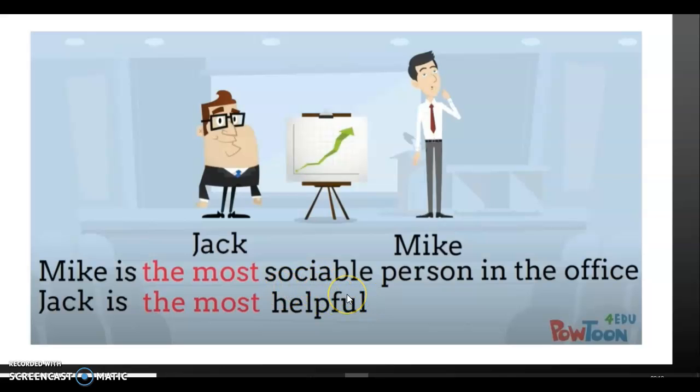But sociable is a long adjective. We can't add est at the end of it, but we have to use the word most preceded by the article the. Mike is the most sociable person in the office. Jack is the most helpful.